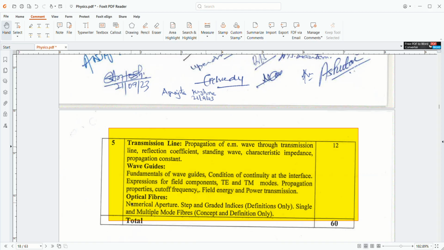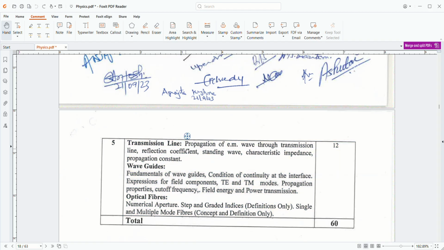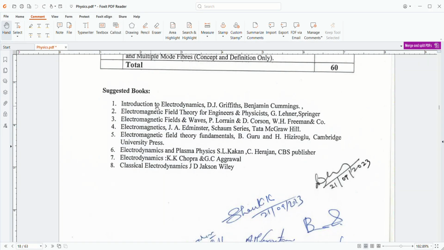In these times, optical fiber is most necessary. Internet is provided through optical fiber: numerical aperture, step and graded index definition only, single and multiple modes, fiber concept and definition only. So this is the series, and come to the practical section.